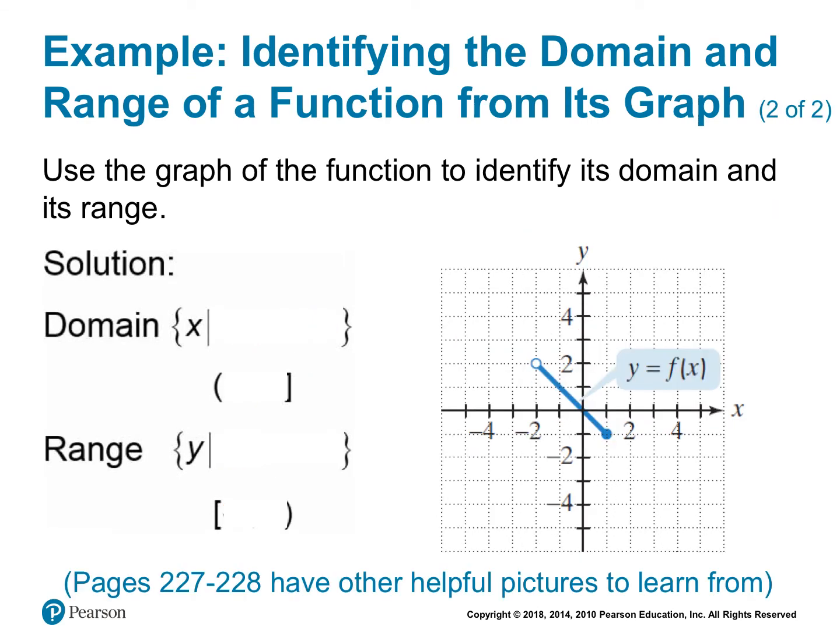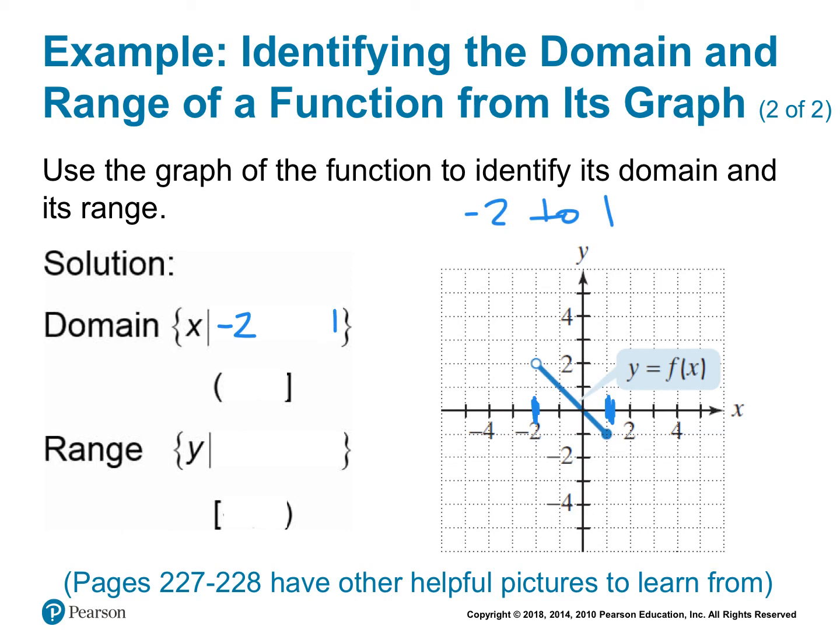Okay, let's try another one. So this one, where does the x go? On the x-axis, this is the farthest to the left it goes, and this is the farthest to the right it goes. So that's from -2 to 1. Now you have to be careful on this one.